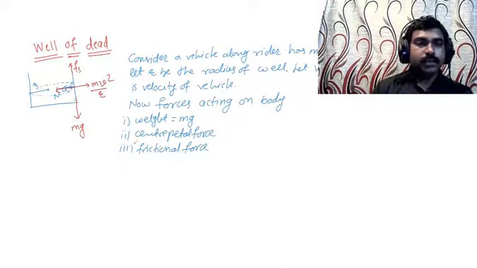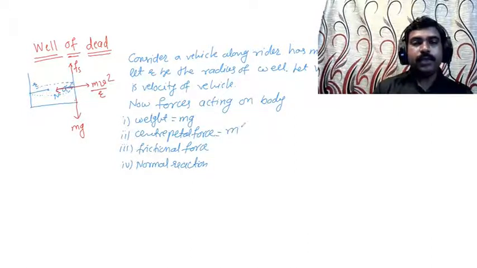And the last is the normal reaction. Centripetal force is given by the equation mv square by r, as we started with. The frictional force is denoted by fs, and the normal reaction is denoted by N.